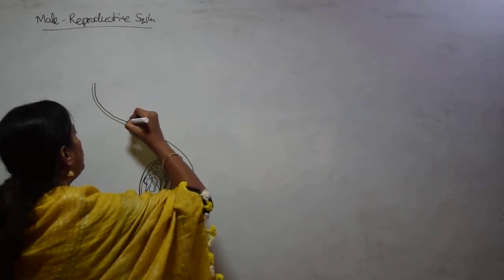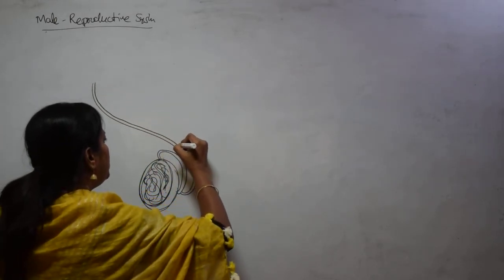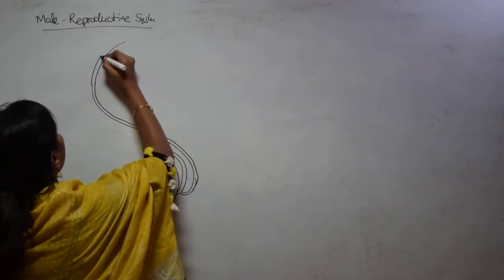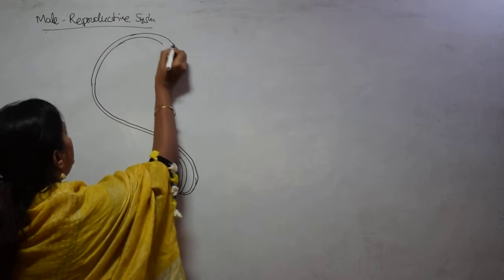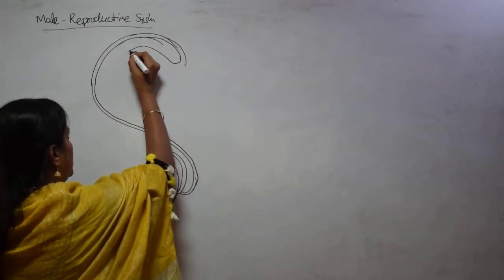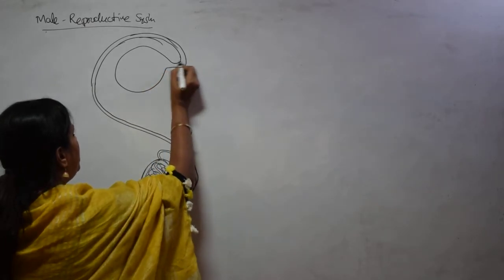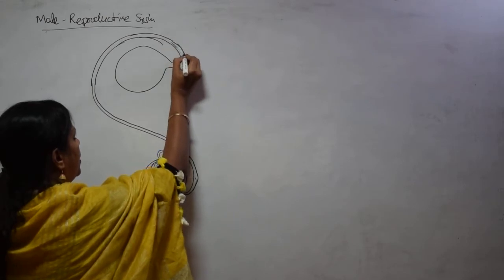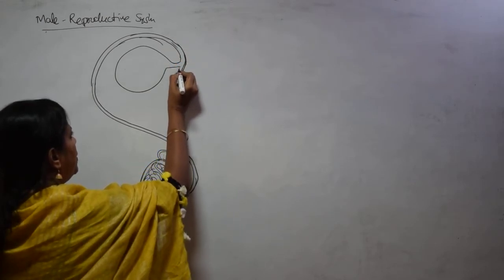This duct you have to draw very neatly, because this diagram needs some patience also. It takes a turn around the structure of the urinary bladder. Here is the bladder. So it will take one round around the urinary bladder and join another duct.